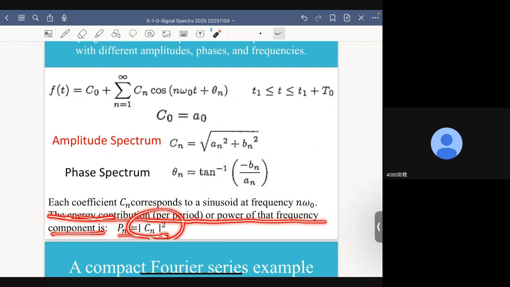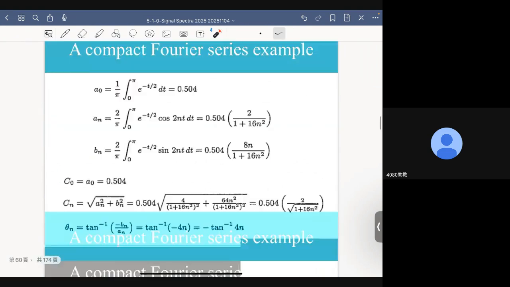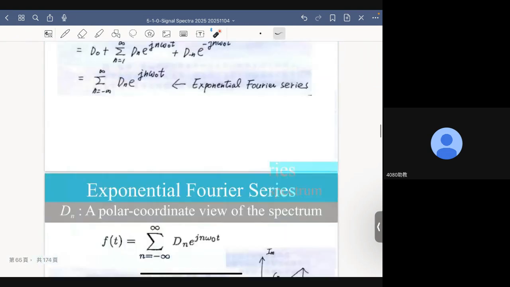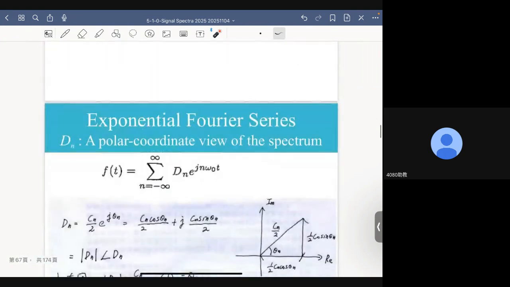So if the signal has a certain energy, then every one of its components has a certain energy, and the energy of each component is actually the square of the magnitude of Cn. Keep this in mind. We will talk about energy more in the later part of this course.